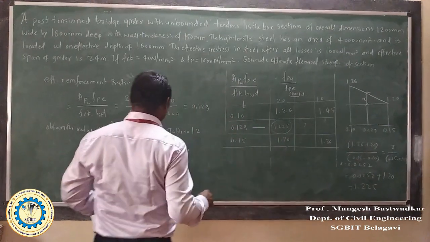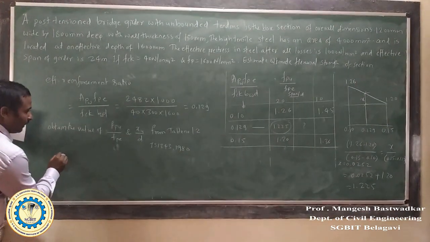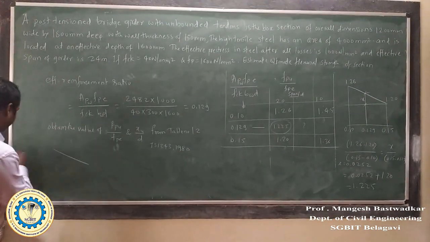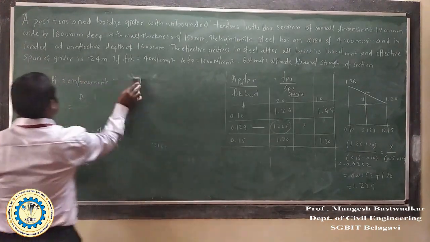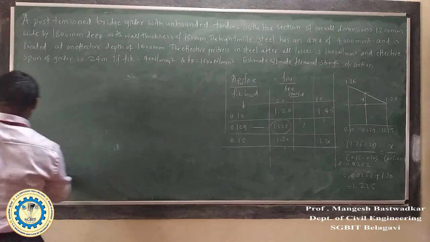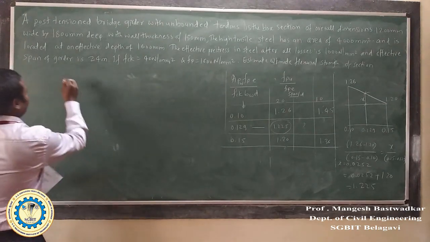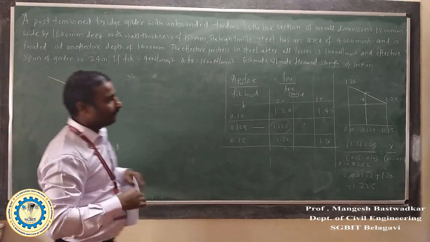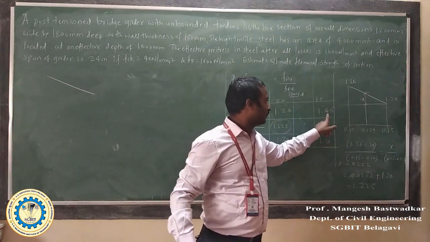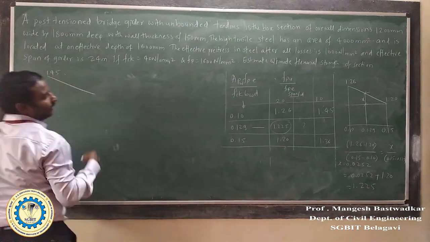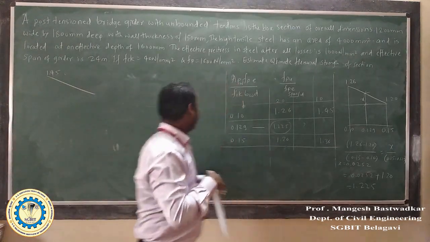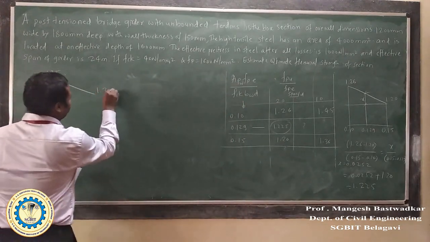Similarly, you can draw here an inclined line, we will obtain this value. Here 1.45 is there, so write here 1.45. Here the lower value is there, 1.36, so write here 1.36.